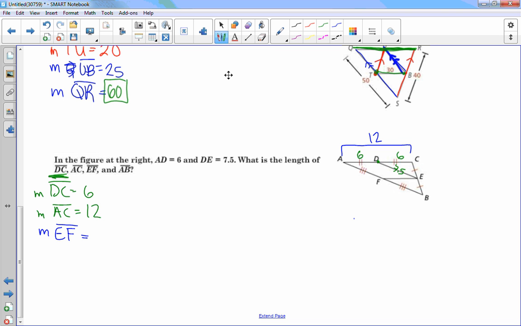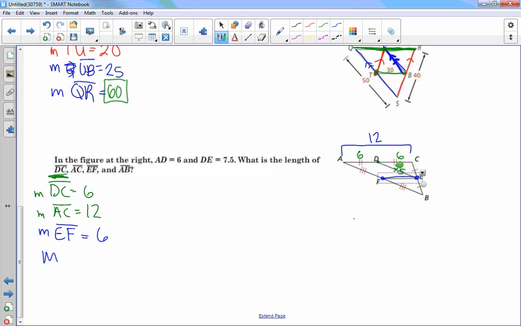Mid-segment, which is connecting midpoints. So we have a mid-segment theorem. E to F. Hold up in the air, please, the length of E to F. Yep, it is 6. If this side is 12, the mid-segment is half. So that would be 6.